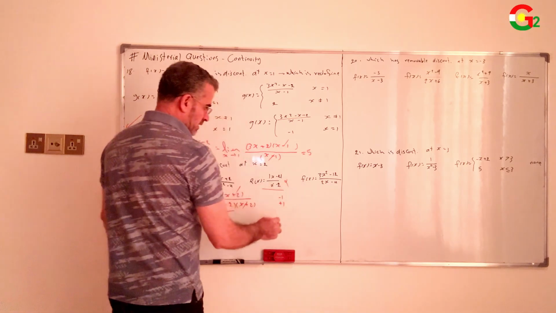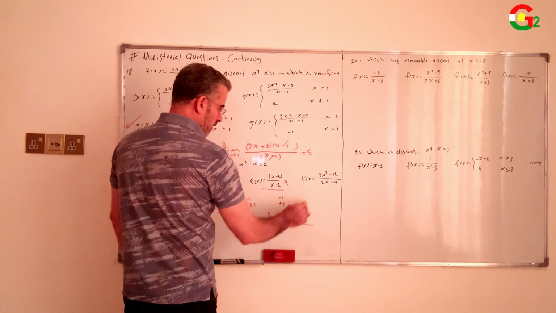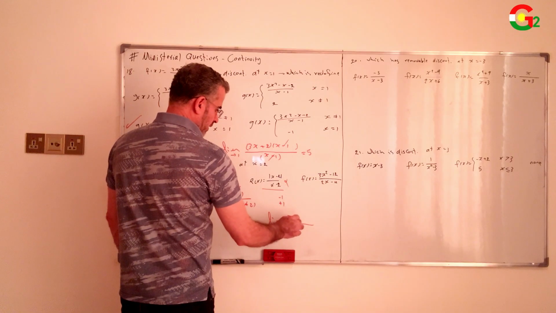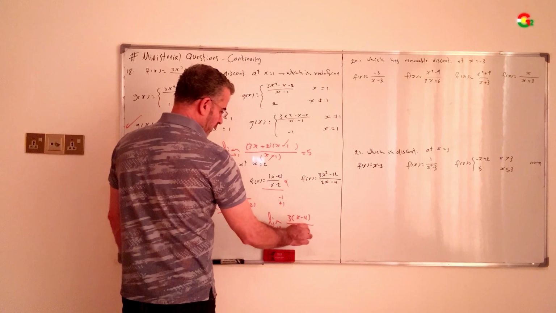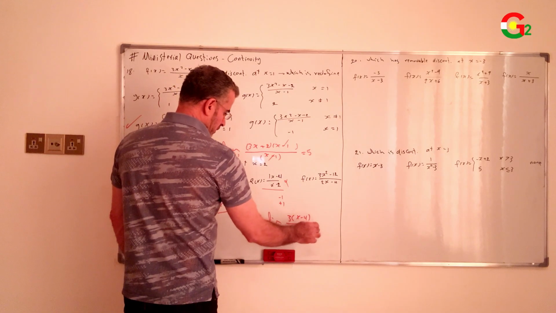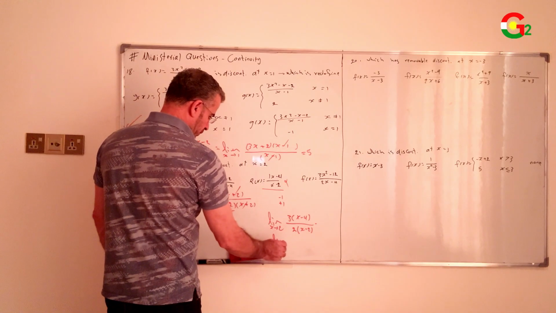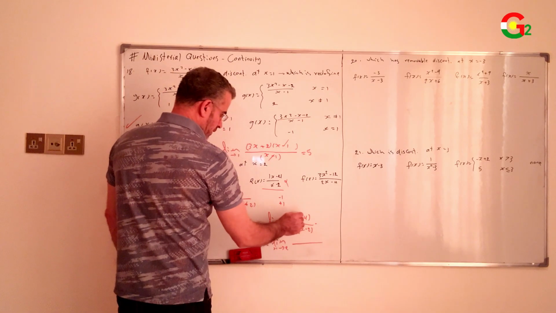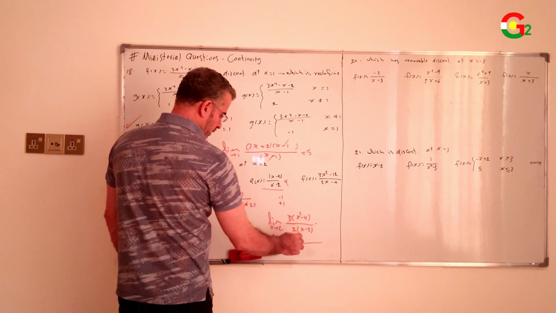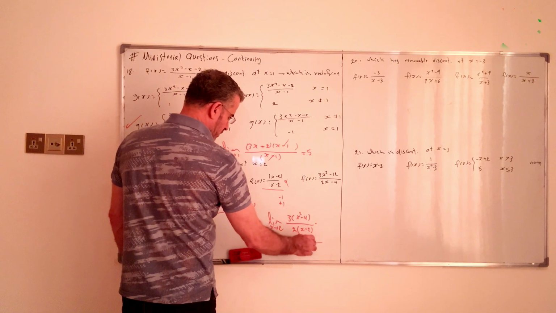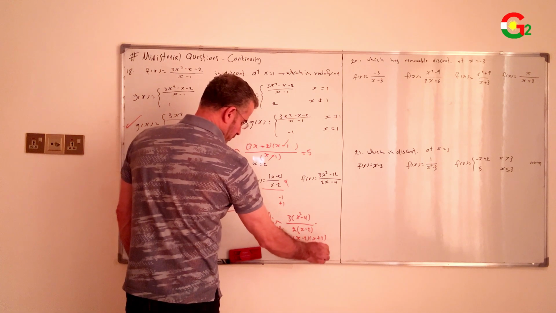Let us check the last function. Limit as x approaches 2. Factorize by 3, (x - 4), and factorize by 2 for the denominator, (x - 2). Here I have x squared. Open this bracket, difference of 2 squares, (x - 2)(x + 2) over 2(x - 2).